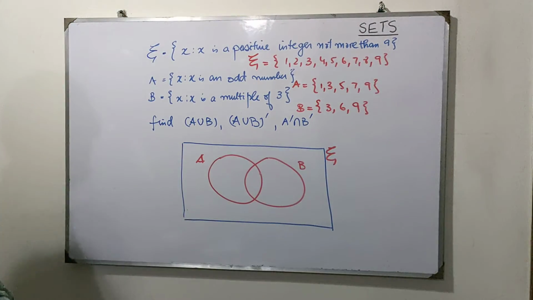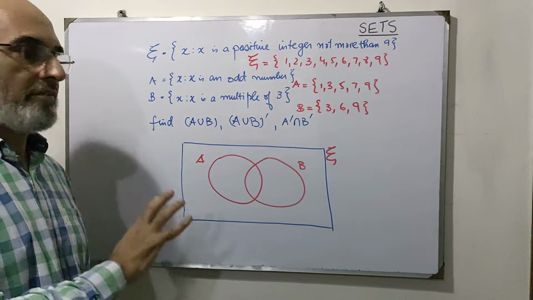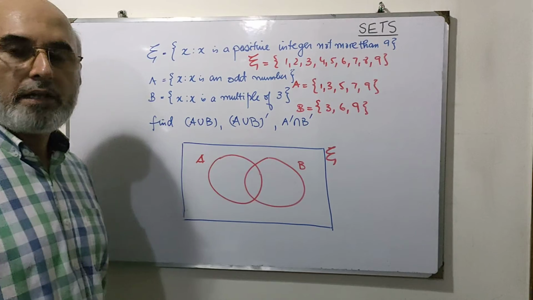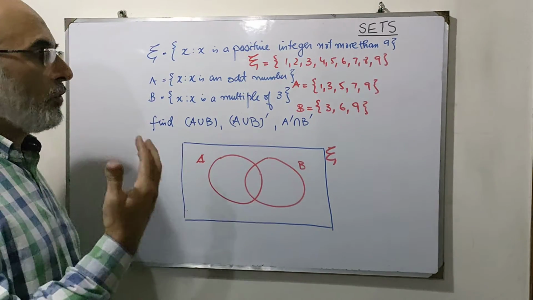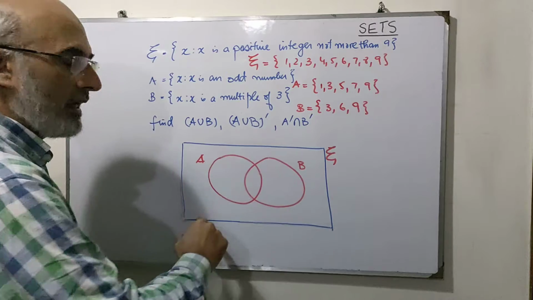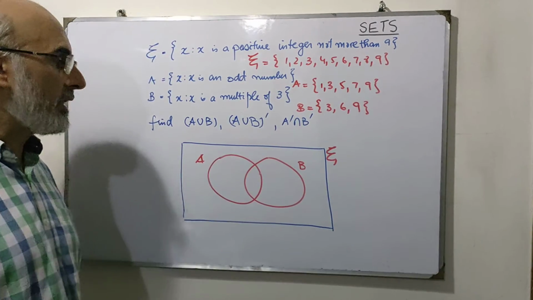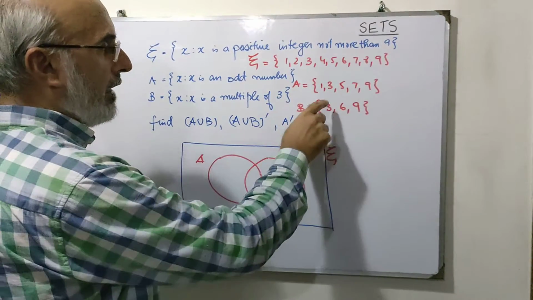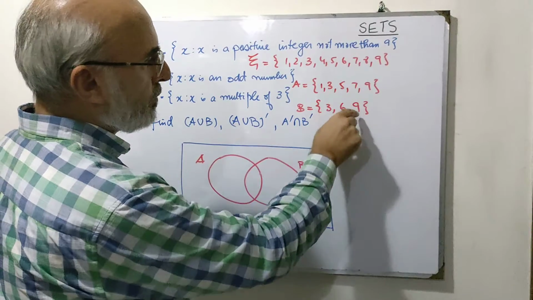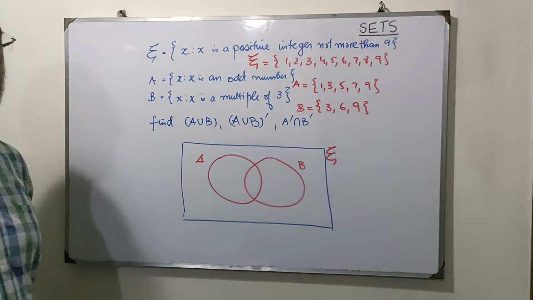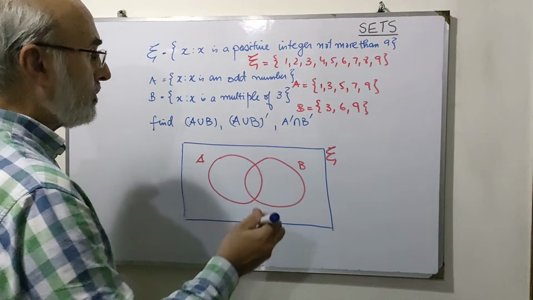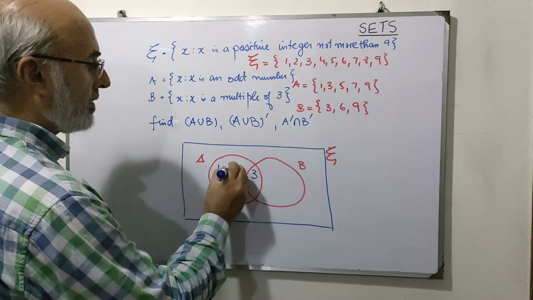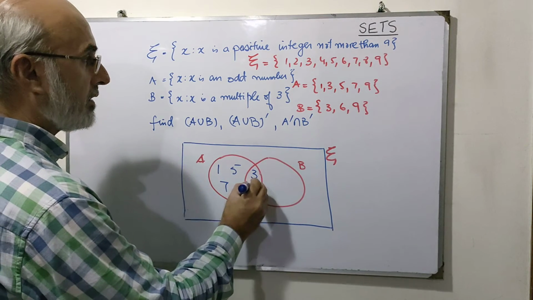Okay, so we have a Venn diagram over here. I'm going to place the numbers of A and B, and whatever is left will be placed in this rectangle because it belongs to the universal set. When placing these, I check whether there is anything common to both. Yes, 3 and 9 are common to both the sets, right? So 1, 3, 5, 7, 9.